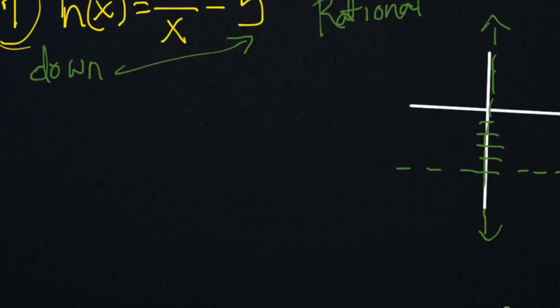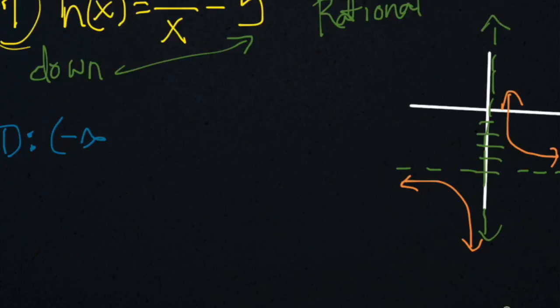Okay, so now let's do our graph. And our graph is above and on the right, below on the left. If it were negative or reflected, then I would change that. Okay, let's do our domain and range. So my domain goes from -infinity all the way up to the asymptote.